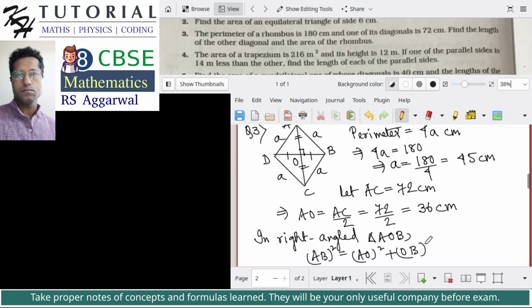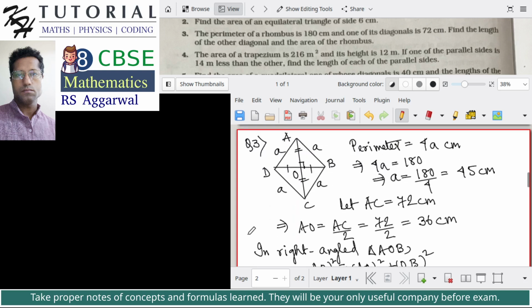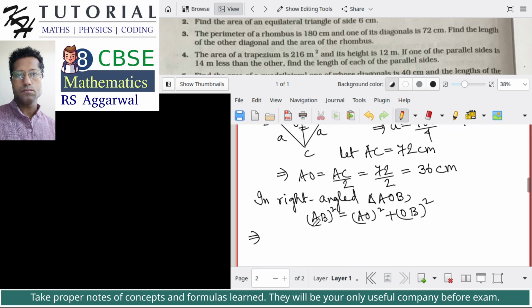We need to find OB. If we find OB, we will get BD, which is the other diagonal. AB is one side, which is 45. So 45 square is equal to AO square, and AO is 36, so 36 square plus OB square.